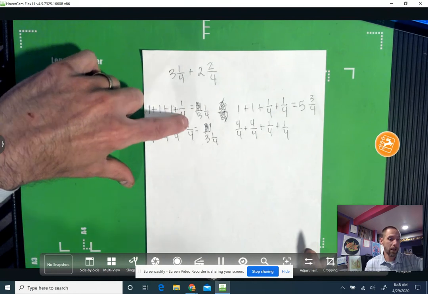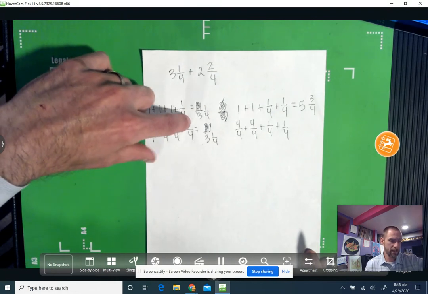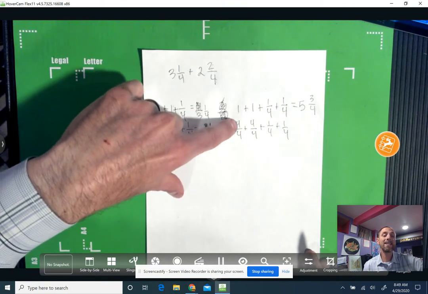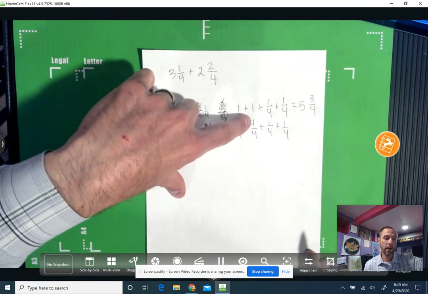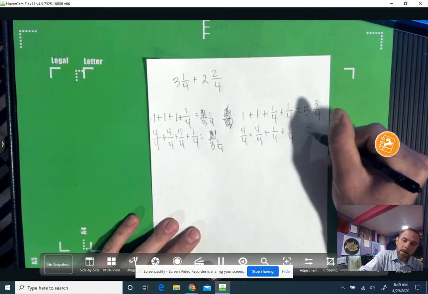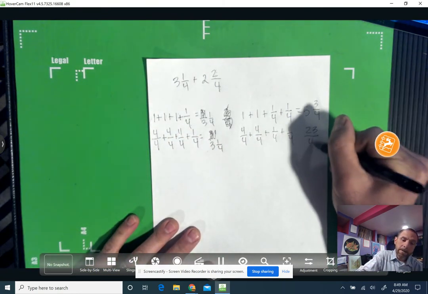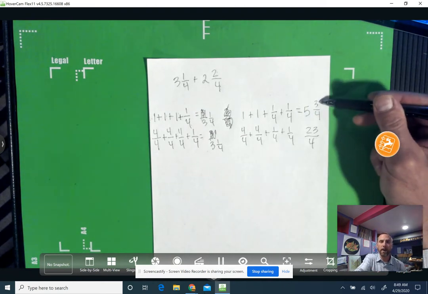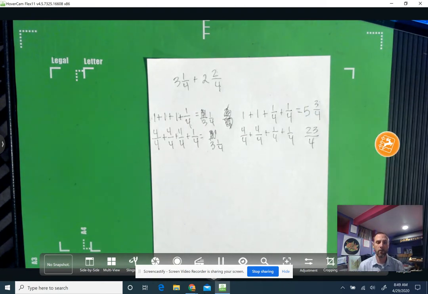Plus 1 more is 13. Plus 4 more is 17. Plus 4 more is 21, 22, 23 fourths. Now we have our answer in two forms. We have 5 3/4 and 23 fourths.